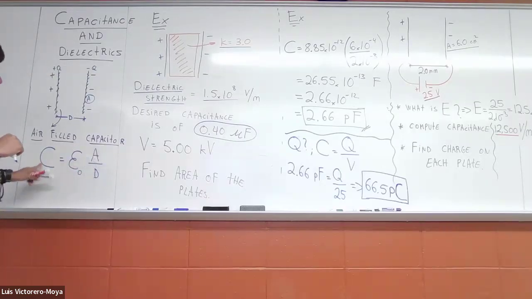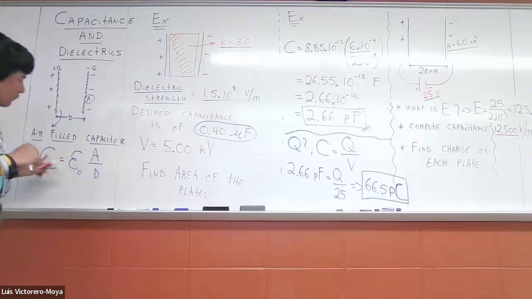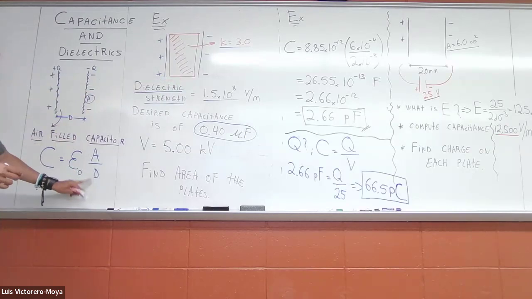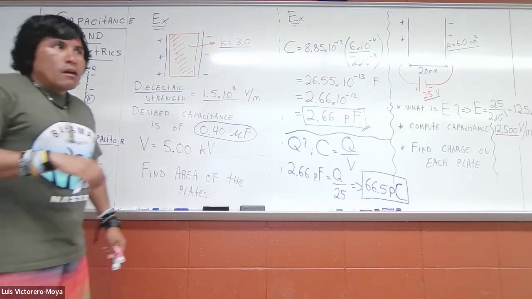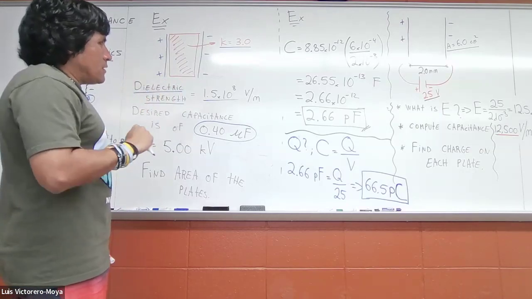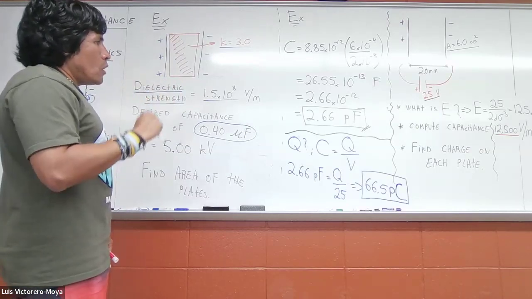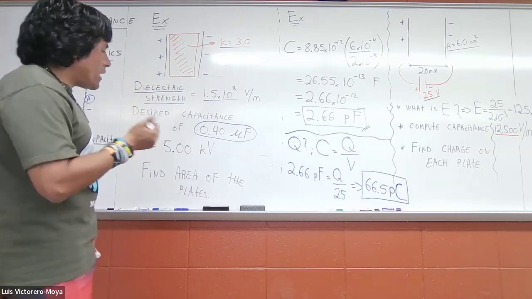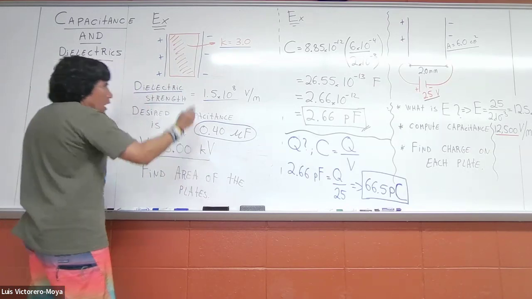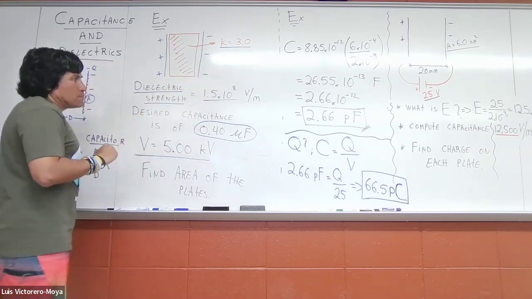To find the area of the plates, you need this equation. So area, you have the capacitance. Epsilon naught, you know what epsilon naught is. So you are missing the distance. But the distance between the plates, where can you find it? Well, you have the voltage and you have the dielectric strength.